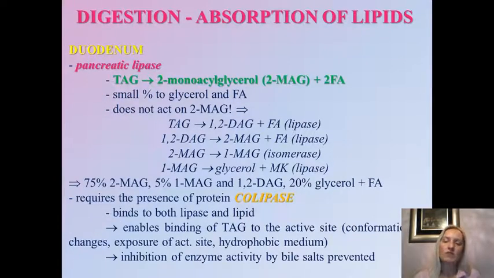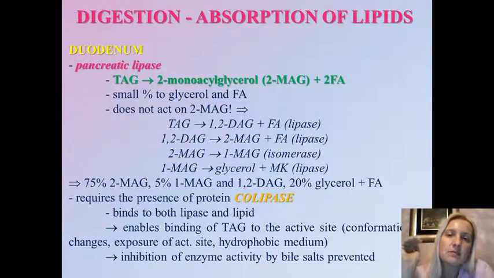So at the level of the duodenum, pancreatic lipase is responsible for hydrolysis of 3-acylglycerols to 2-monoacylglycerols and fatty acids, like we had with lingual lipase and gastric lipase as well. But at this very point, a small percentage of 3-acylglycerols can be degraded completely to fatty acids and glycerol.